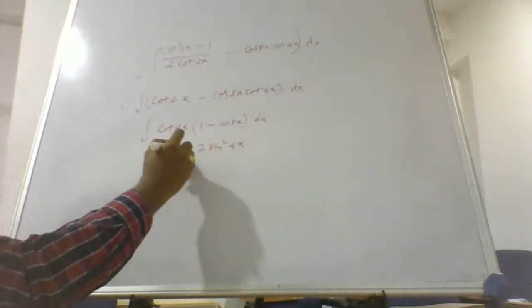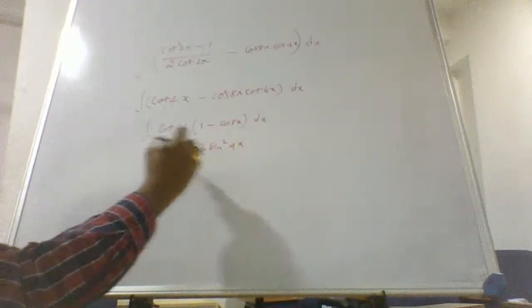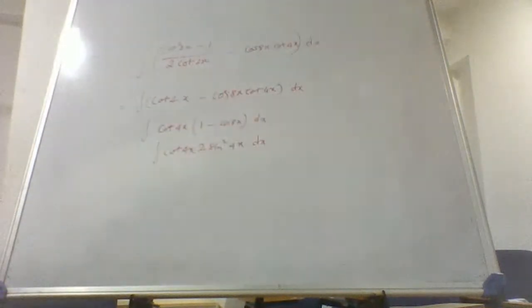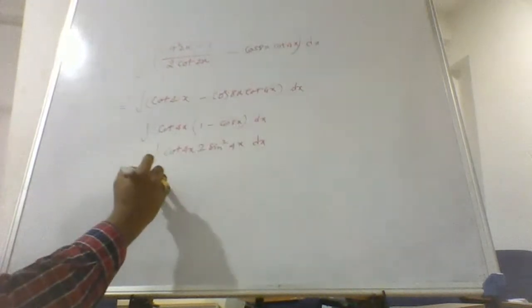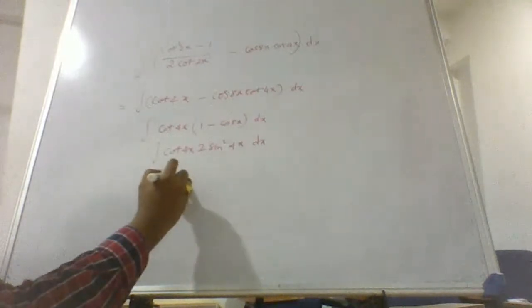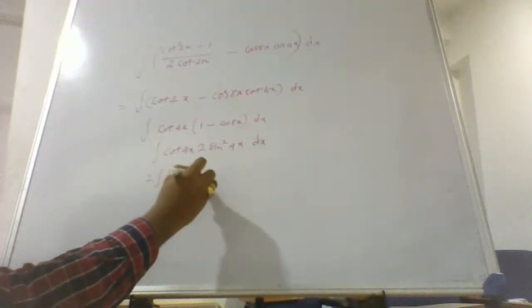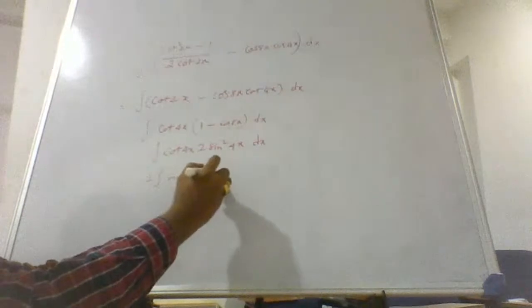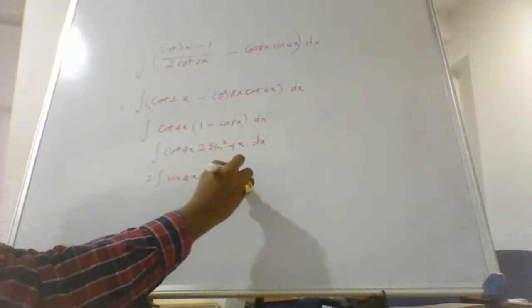This is cot 4x, integration of this. Now after cancelling, I get only 2 times sine 4x cos 4x dx.